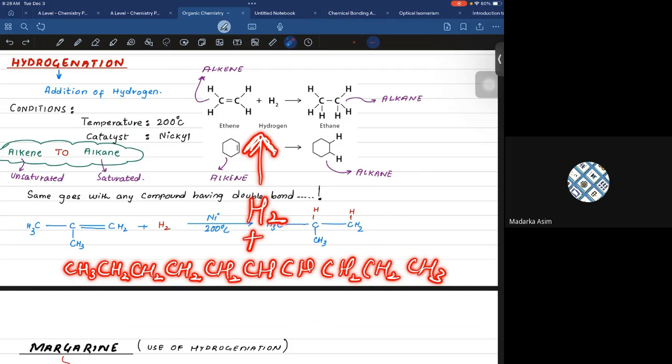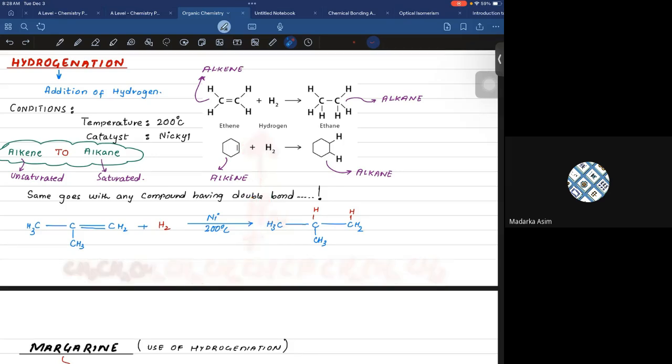How can I solve this? It's a big formula. So you are not supposed to consider this formula because you are only supposed to look at the double bond. If there is a double bond, then you can form the product. And if there is no double bond, you can write that there is no reaction.